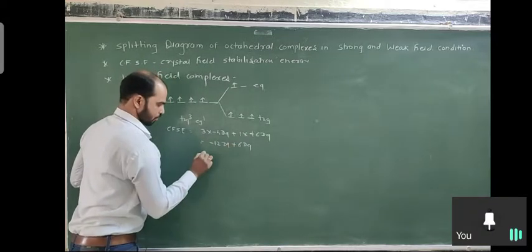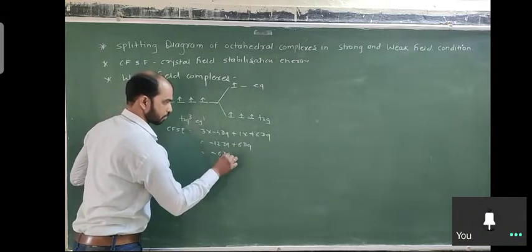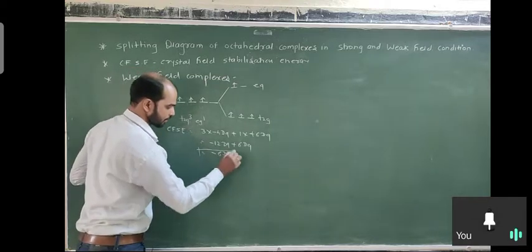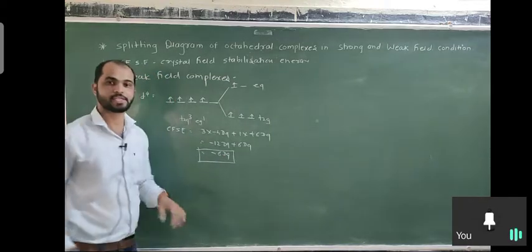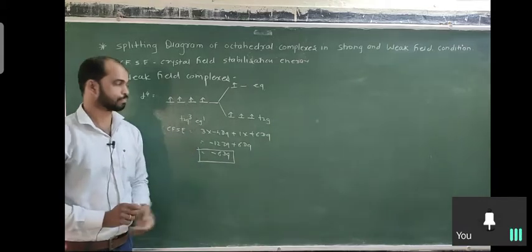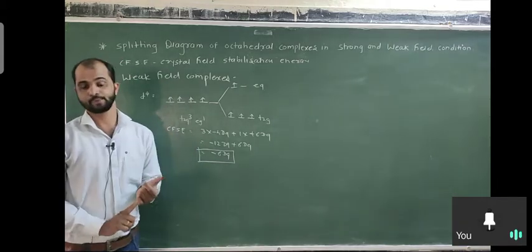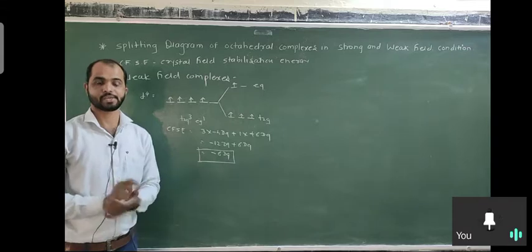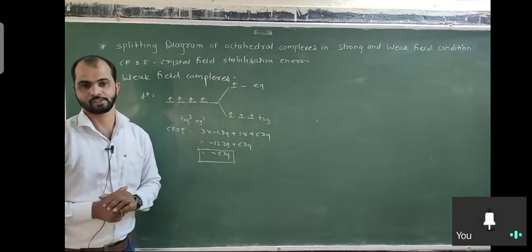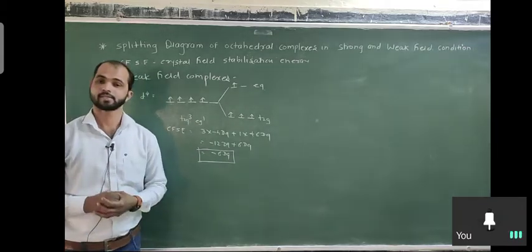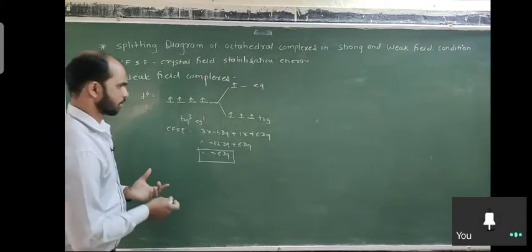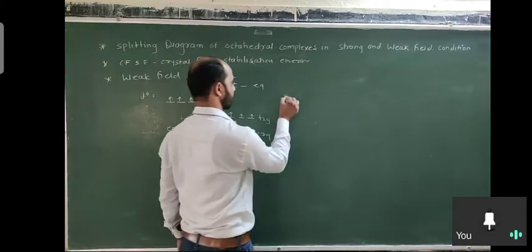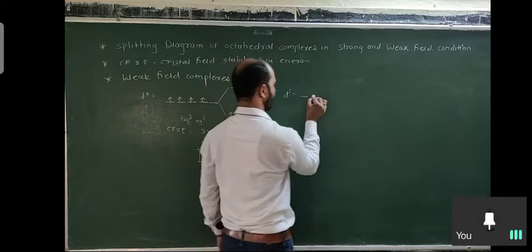So the answer is minus 6 dq is the CFSE. And what is the CFSE in D4 for strong condition? It is minus 16 dq plus pairing energy. And here it is just minus 6 dq. So this is the difference. Okay, for D5 system, 1, 2, 3, 4, 5.